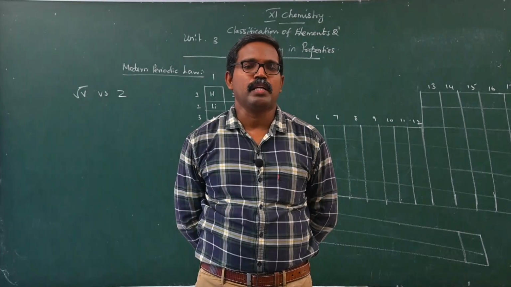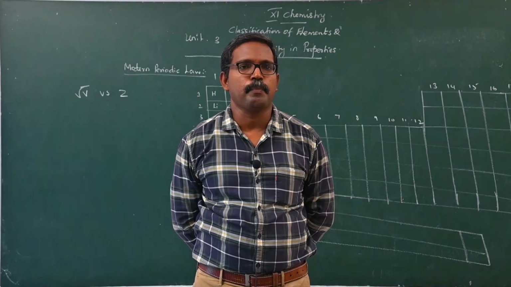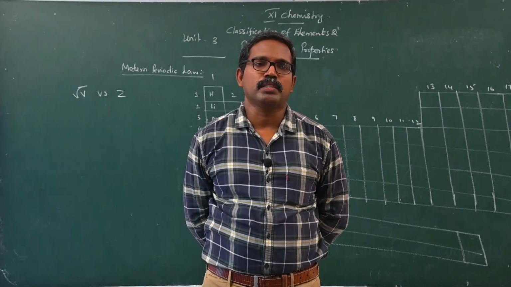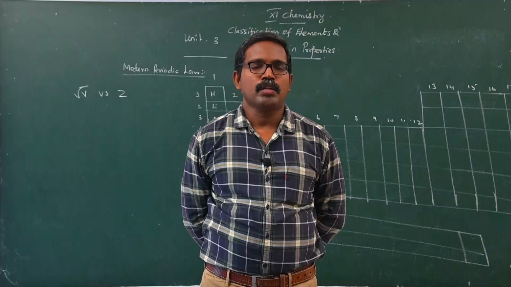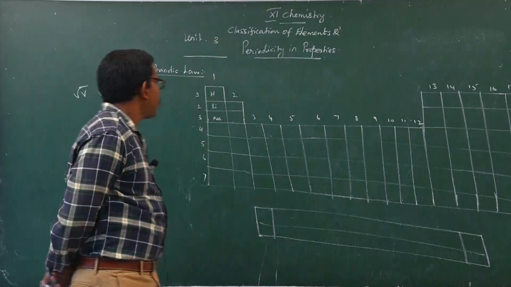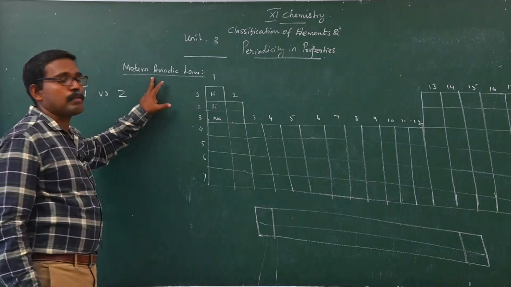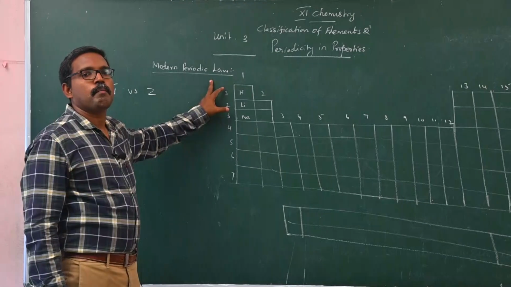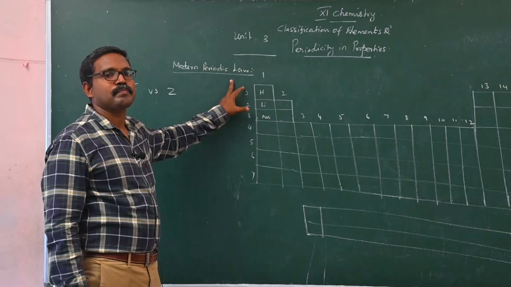To rectify the limitations of the Mendeleev periodic table, the long form of periodic table was developed. The long form of periodic table, or the modern periodic table, is based on the modern periodic law.